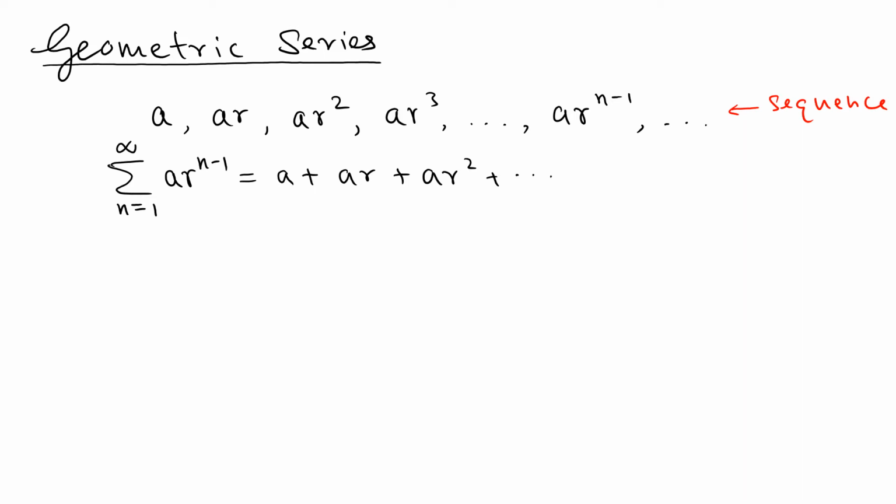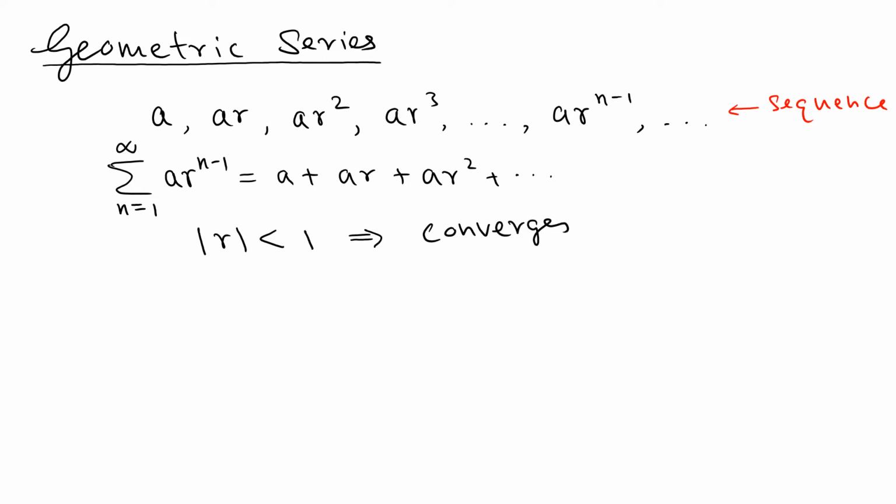Now the question is, when can this converge? Let's try the condition. We know that if the absolute value of r is less than 1, the geometric series converges.